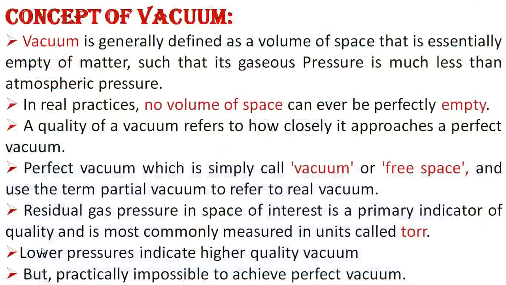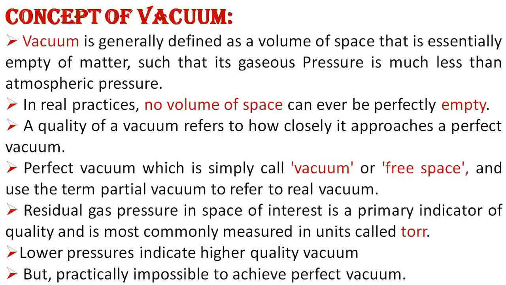Vacuum is generally defined as a volume of space that is essentially empty of matter, such that its gaseous pressure is much less than atmospheric pressure. In real practice, no volume of space can ever be perfectly empty. The quality of a vacuum refers to how closely it approaches a perfect vacuum.